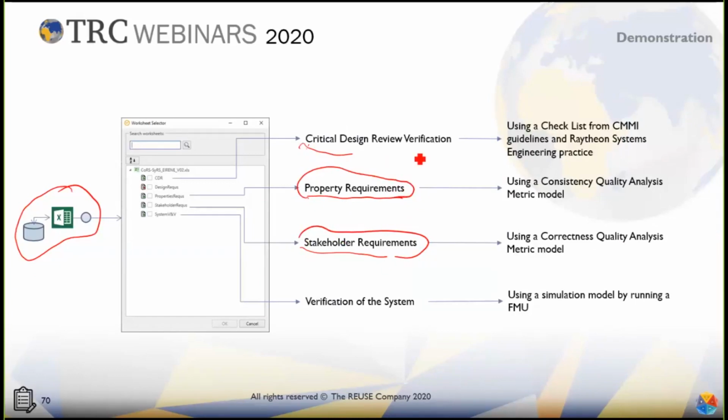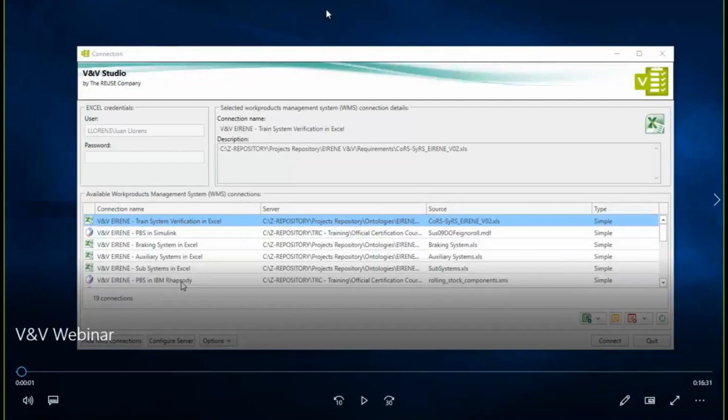We are going to verify a critical design review, and something around some inspection and some analysis or simulation, FMUs, etc. of the system itself. Okay, so let's get into this demo. I will be commenting on it.